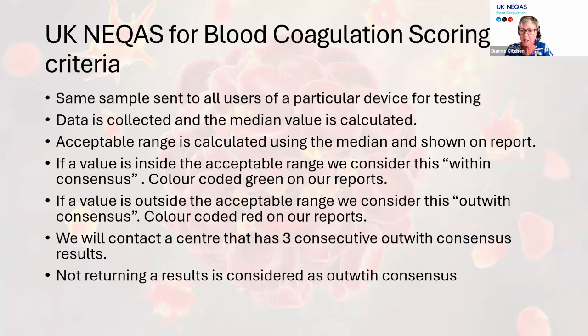The acceptable range is then calculated around that median, and we show the median and the acceptable range on the report. If you're within that range, you're considered within consensus, and that's colour-coded green on our reports. If you're not within the acceptable range, you're considered out with consensus, and that's colour-coded red.